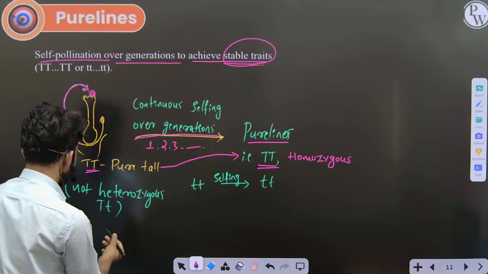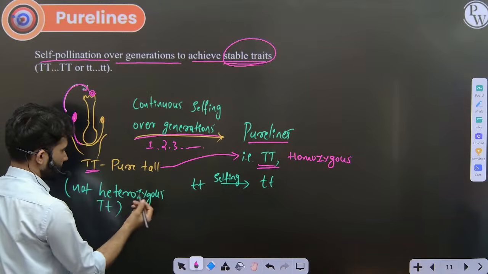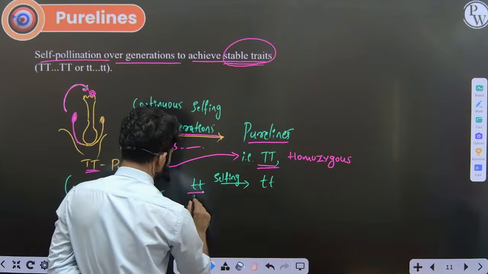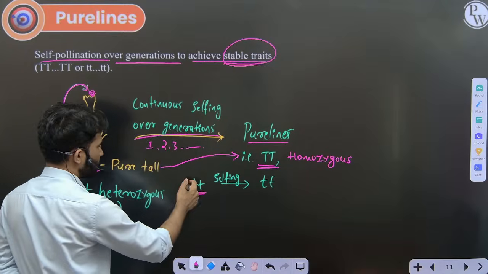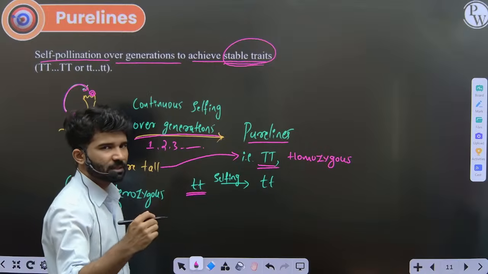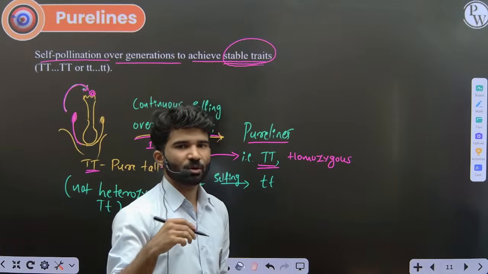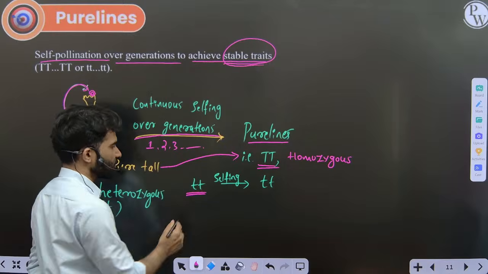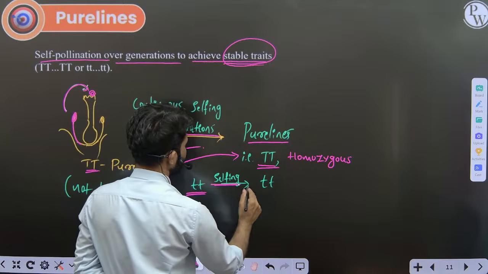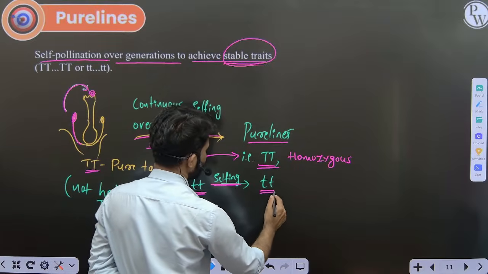You have taken a plant with the dwarf character, those plants which are pure dwarf in nature. You have to self pollinate it, using its own pollen grains on its own stigma surface. After continuous self pollination, you will get a pure dwarf variety.